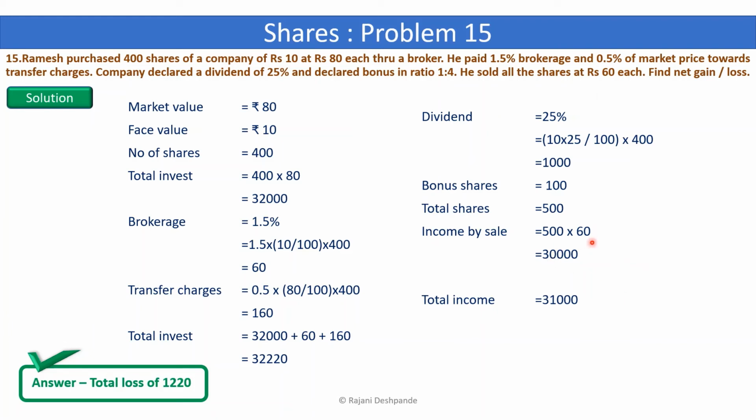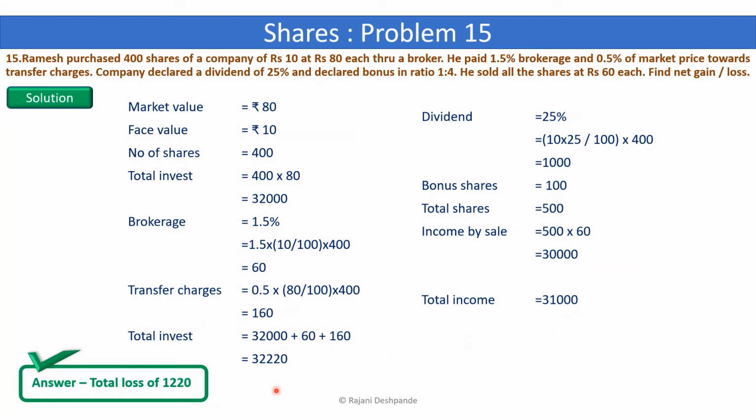So 500 into 60 is 30,000. So he gets an income of 30,000 by selling them in the market. So he is getting a dividend of 1000 and rupees 30,000 by selling the shares in the market. So he is getting a total income of 31,000.